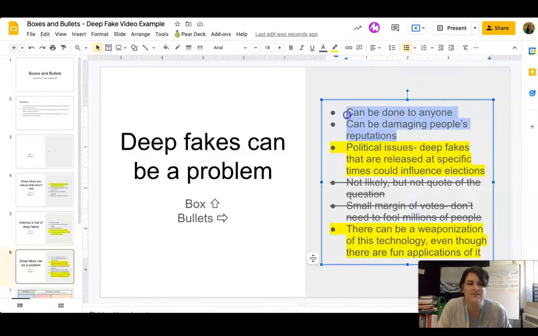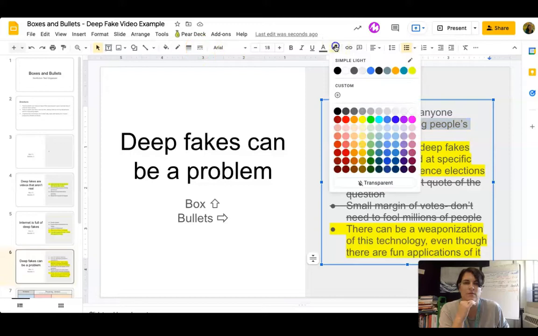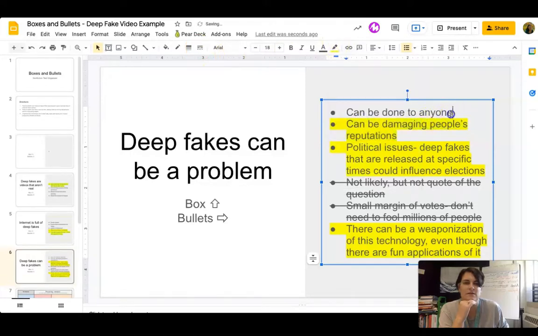These two things can be kind of interesting. Is it really important that this can be done to anybody? Yes. Is it important that it could be damaging to people's reputations? You know what? That is more connected to the idea of this being a problem than the fact that it can be done to anybody. So this is interesting.